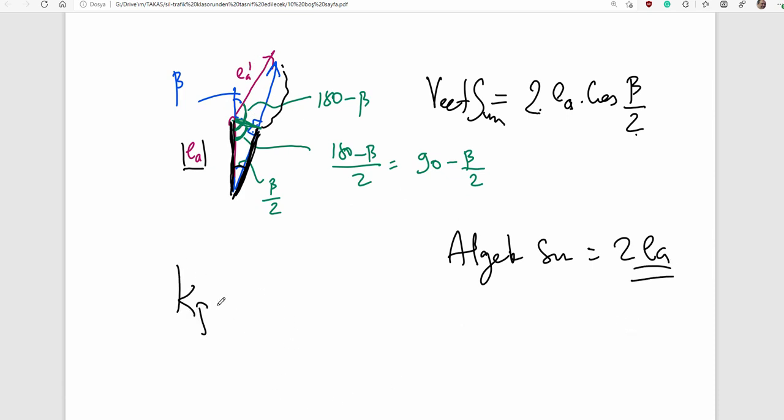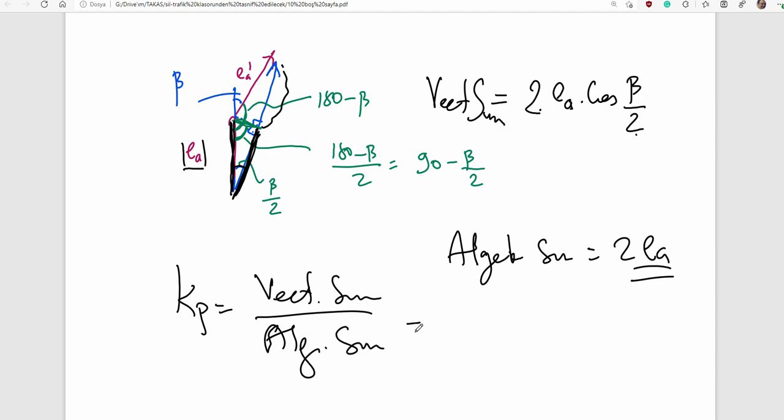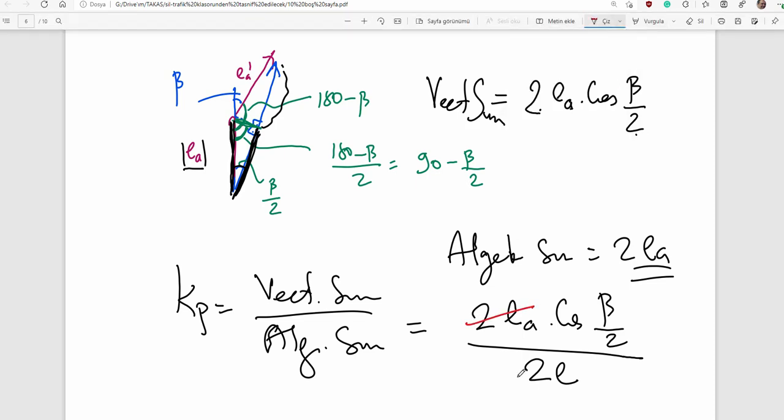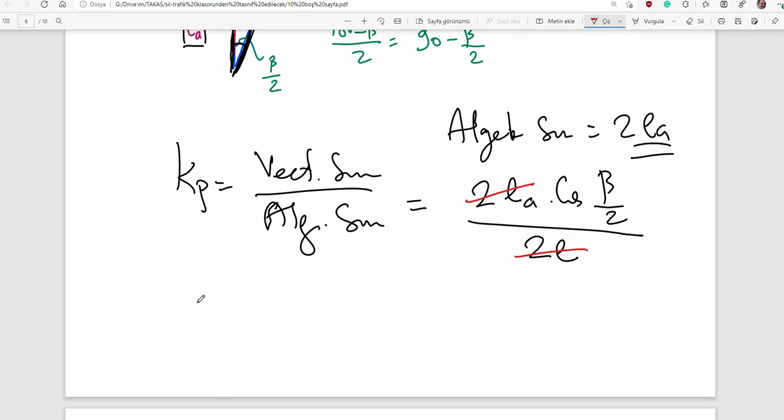So Kp, which is vectoral summation over algebraic summation, is equal to double EA cosine beta half over 2EA, and then as you see, those terms eliminate each other.